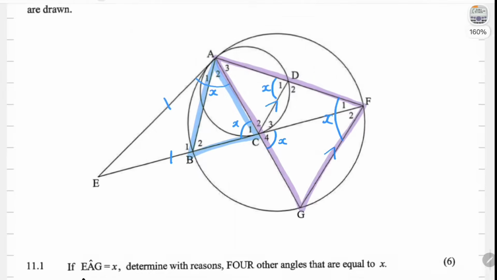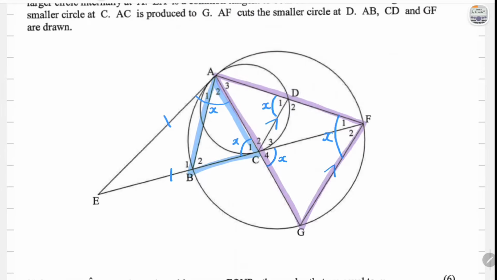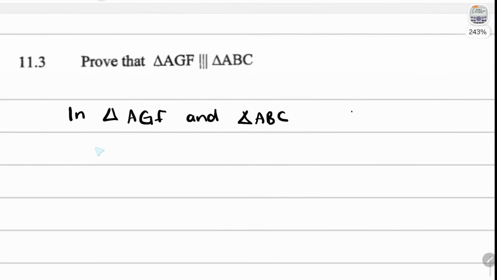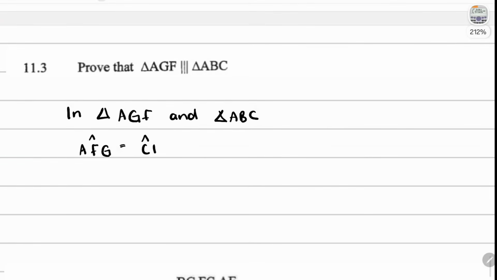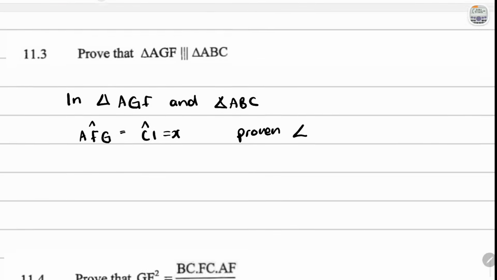What we first saw in these two triangles is that in AGF this angle X is equal to this angle X. So we'll say that angle AFG is equal to angle C1. That is not something we have to prove, because they were both equal to X. So you can say proven. If you like, you can show them that they were both equal to X, but we already saw that. This is a proven angle specifically.